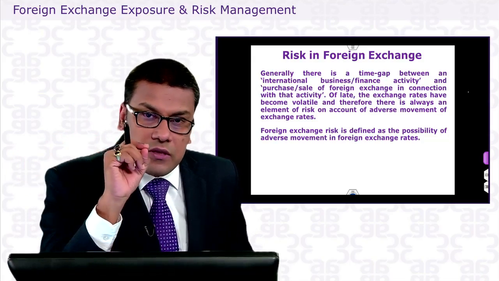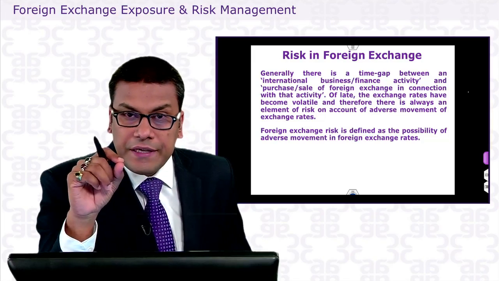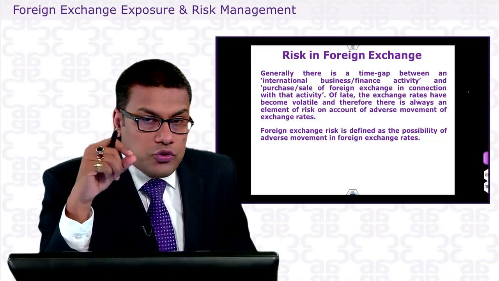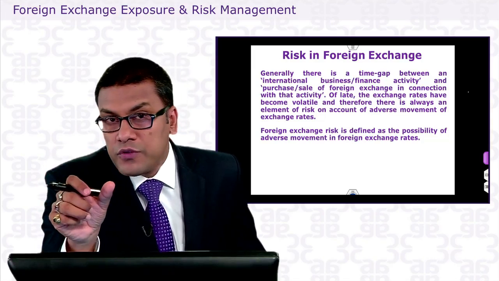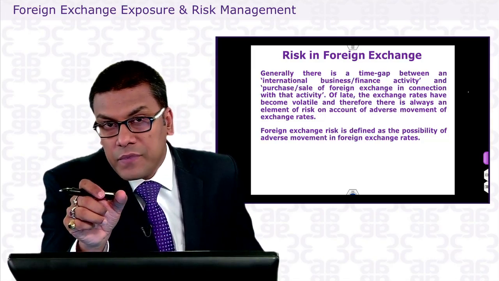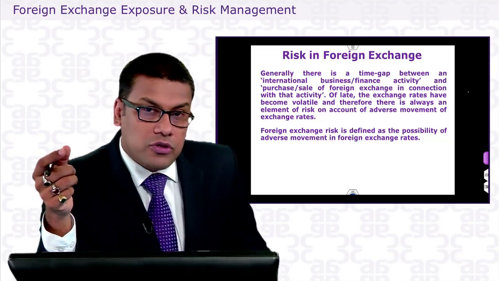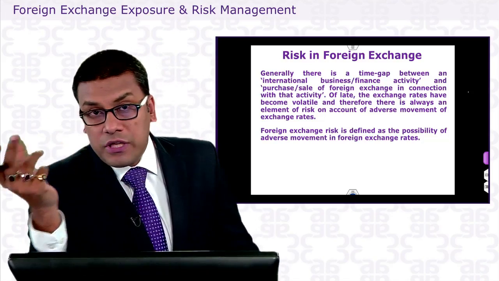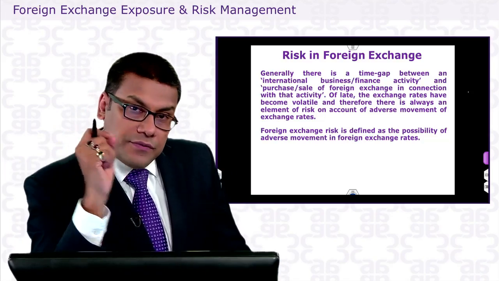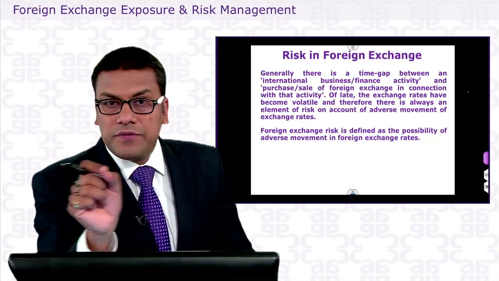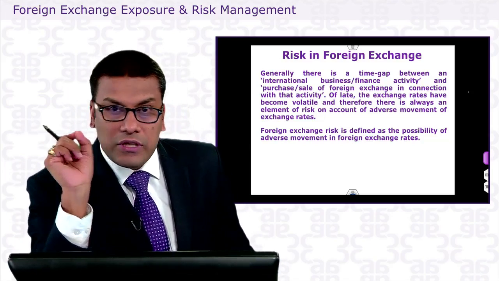When you sent your consignment from India, the rupee dollar rate was, suppose, 58. By the time your payment becomes due, after a month or so, the rate could change. There is always a time gap in different transactions, terms and situations.